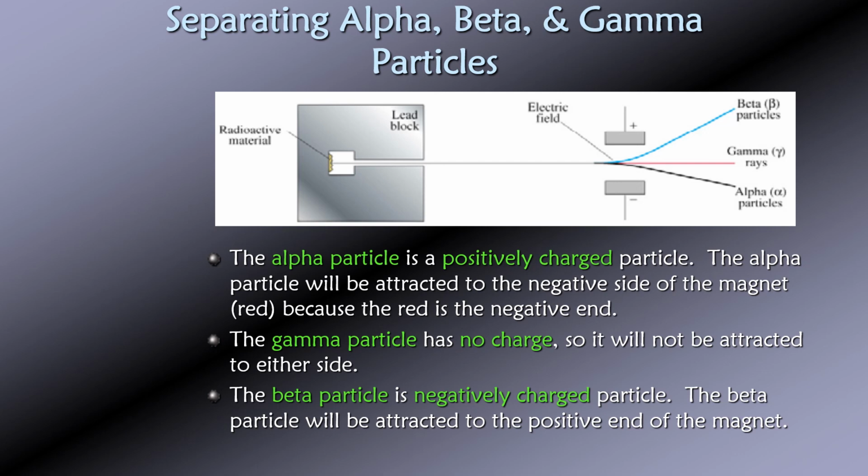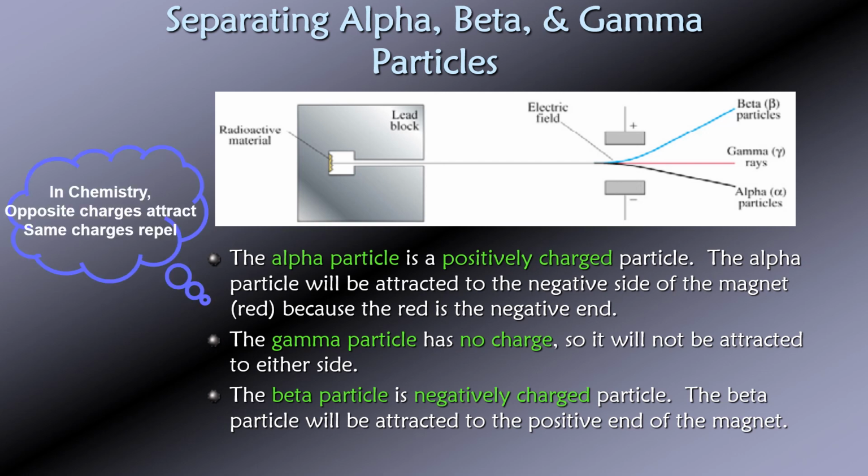And why is that? Because remember the rule of chemistry that we discussed in the previous chapter, that in chemistry, opposite charges attract each other and same charges repel each other. So an alpha particle, which is positive, would not want to go towards the positive end.